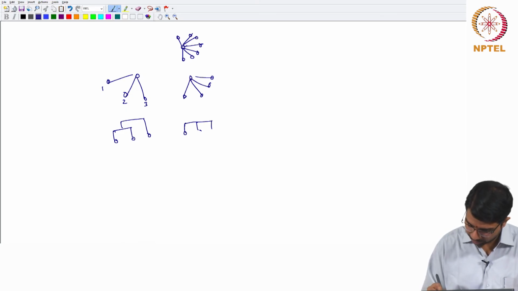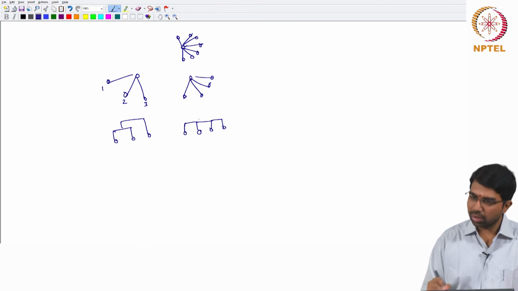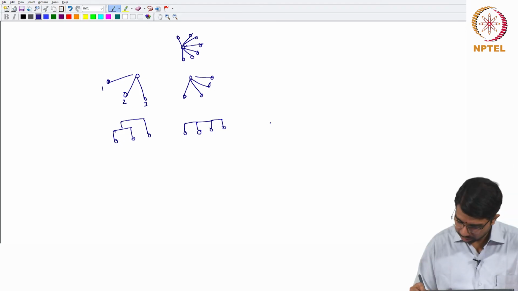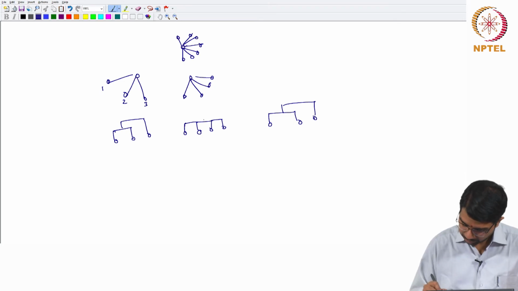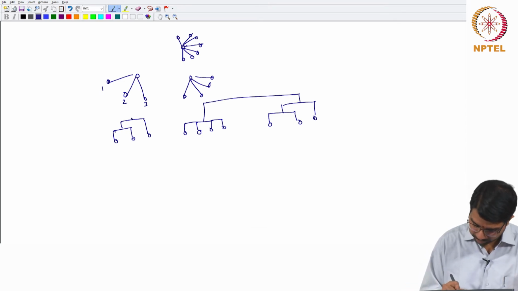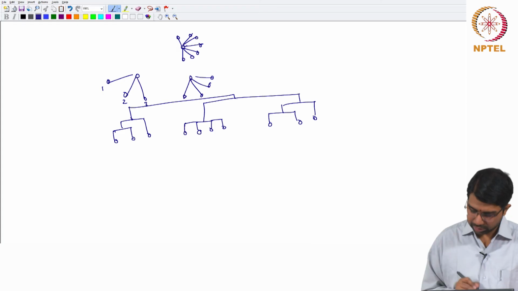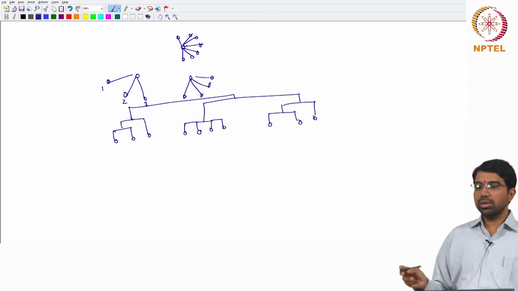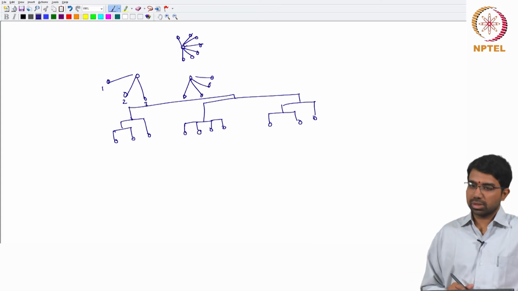They are all the same distance, and maybe something else like this here, and then this gets connected to this gets connected to this.